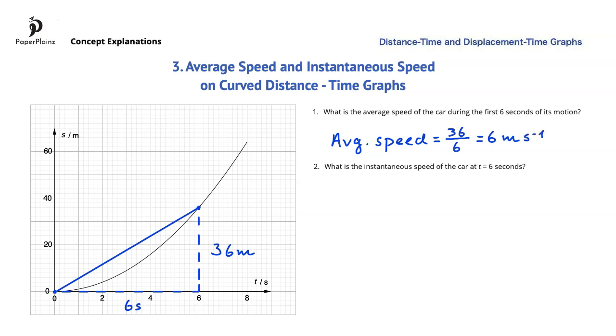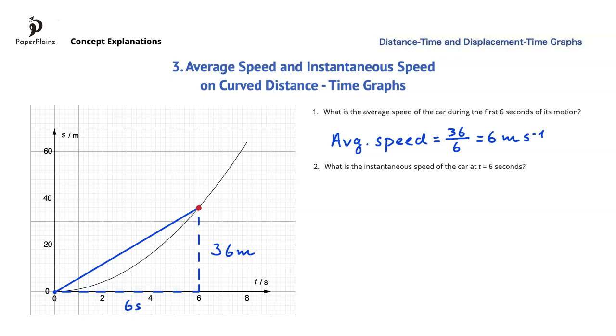In the second question, we are looking for the instantaneous speed at t equals 6 seconds, so at this point. Remember that instantaneous speed is basically the speedometer reading at a given moment. We have learned that speed on a distance-time graph is given by the gradient, but here we only have one point, so the question is, how can we draw a line to calculate its gradient?